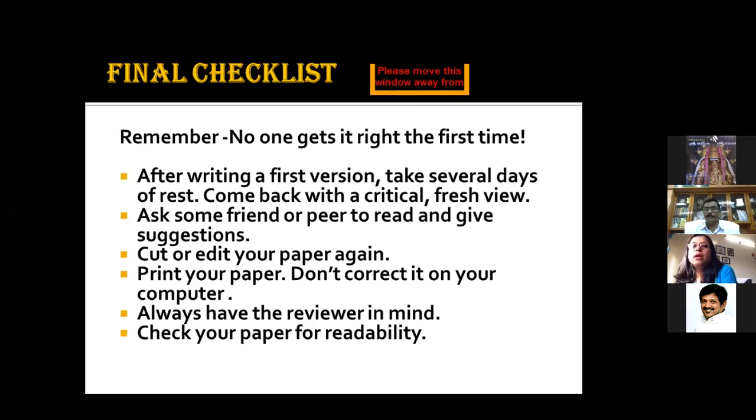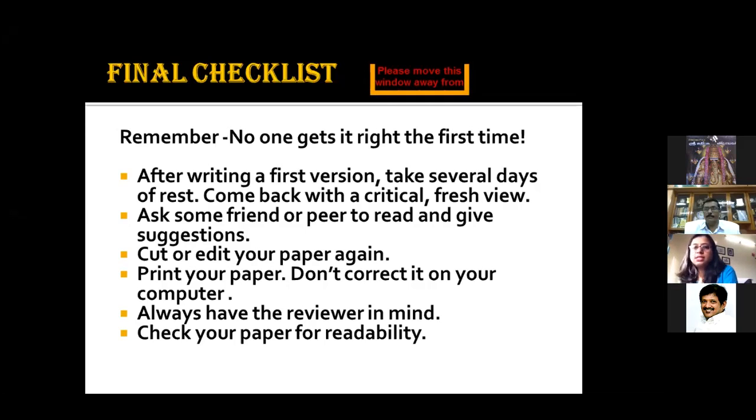Now, to go back to the final checklist, if we are drafting a manuscript, considering that we want to publish it in some Scopus indexed journals, this is the list of things that we need to be careful of. First of all, when you are writing, you write the first draft and sit with it, I would say, for several days.